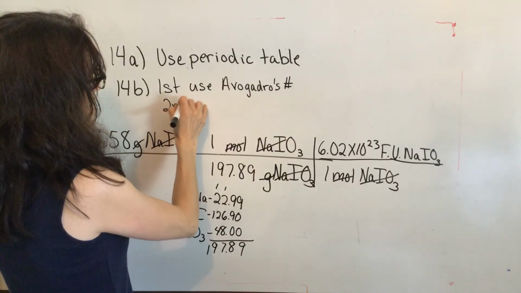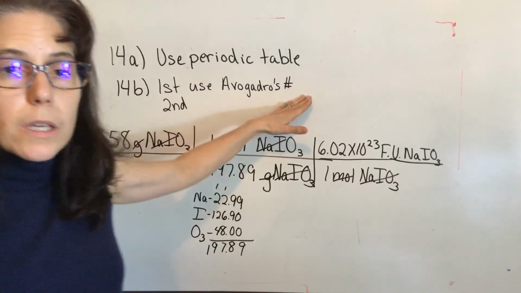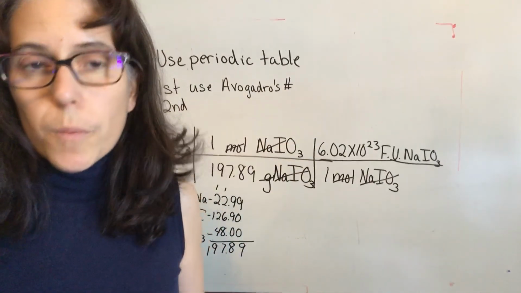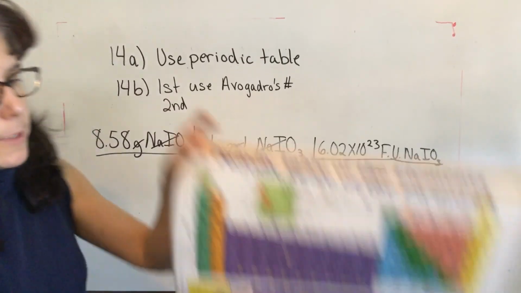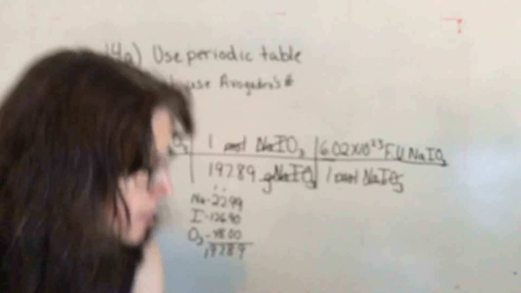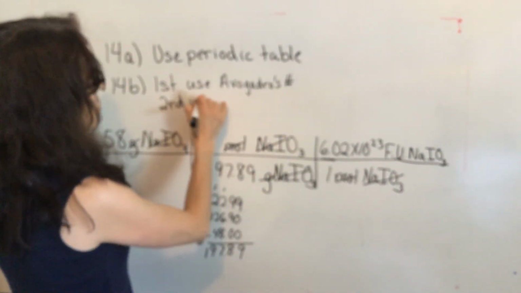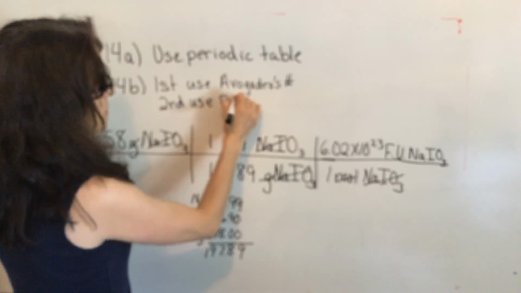Second, Avogadro's number will give you moles, so then you can go from moles to mass. How do you get from moles to mass? You guessed it. You need to use the periodic table. So second, use the periodic table.